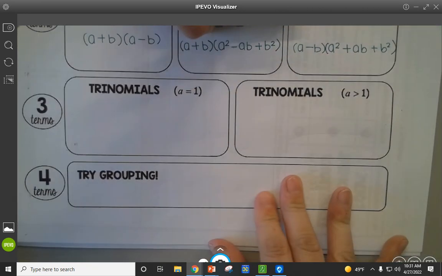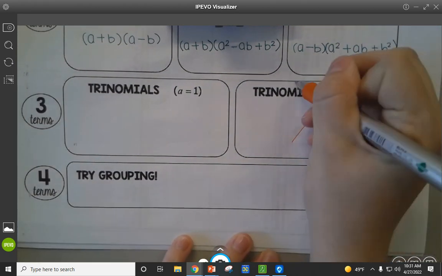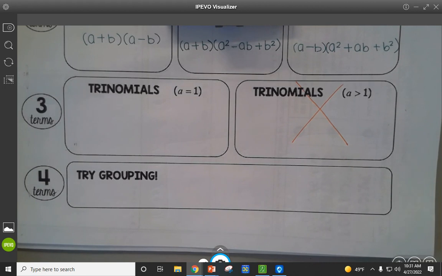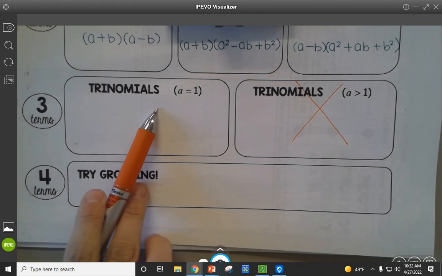Then we get to trinomials when there are 3 terms. Now we didn't do it where there was a number in the front of A. We didn't do any of those. So you won't have those.